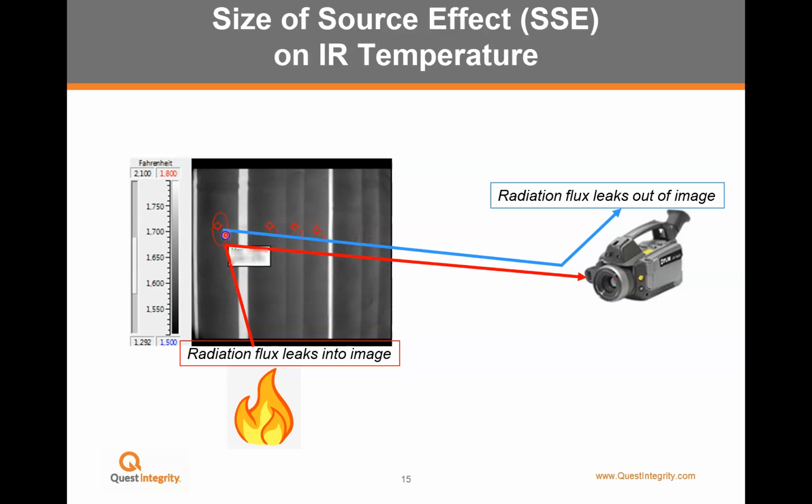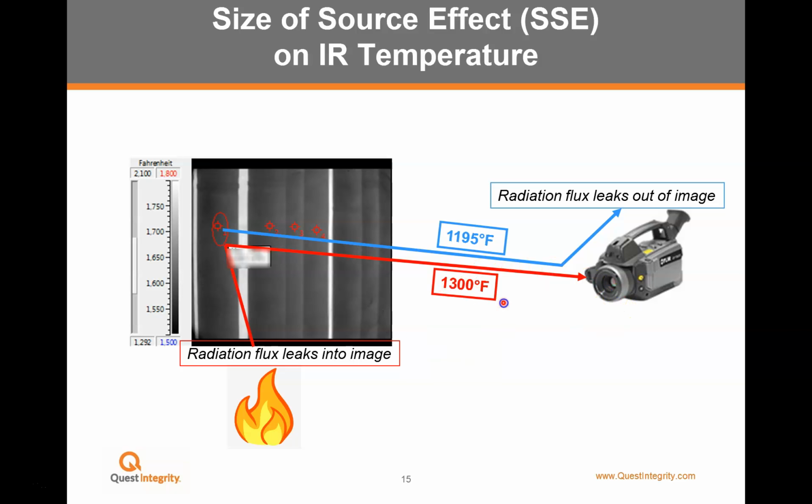But unfortunately, some of that radiation in the image actually leaks out of the image. And even though that temperature is a good temperature, it never actually makes it to the instrument. But simultaneously, outside of the image, where you're going to see the flame patterns or the flue gas or the background temperature, which is going to be hotter than the tube metal temperature, that is actually going to leak into the image, and it's going to appear to be coming from the target tube.